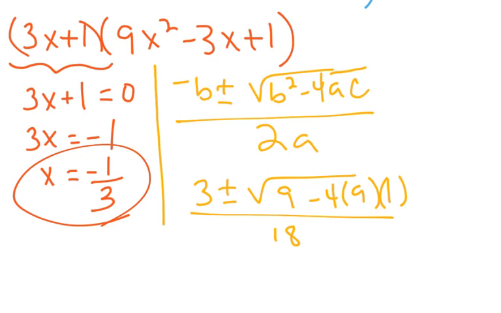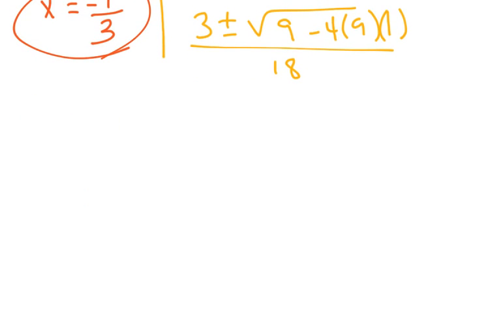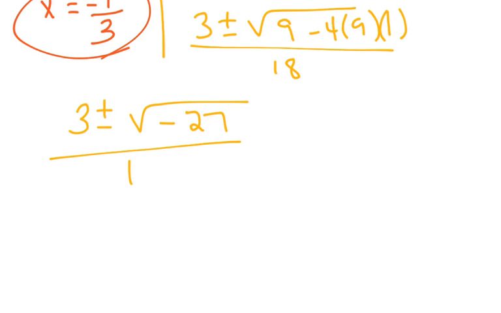Alright, we have a little bit of reducing to do here. 3 plus or minus the square root of 9 minus 36, which is a negative 27. Okay, let me check my math. 9 minus 36, yeah, negative 27, so we are going to have that imaginary root under the radical. And again, this is all over 18.